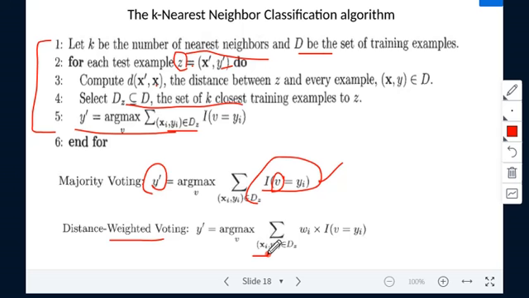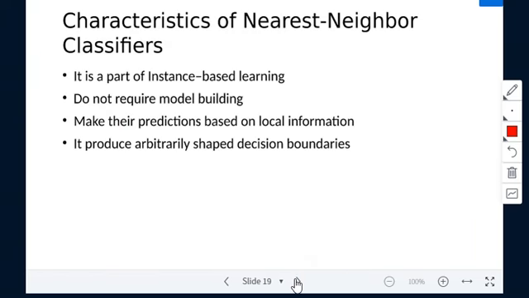As a result, training examples located far away from z, the test data, have a weaker impact on the classification compared to those located close to z. Using the distance weighted voting scheme, the class label can be determined using this formula. All the terms are the same. Hope you understood what I explained with an example.